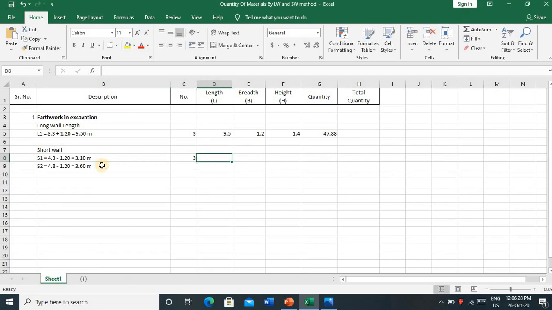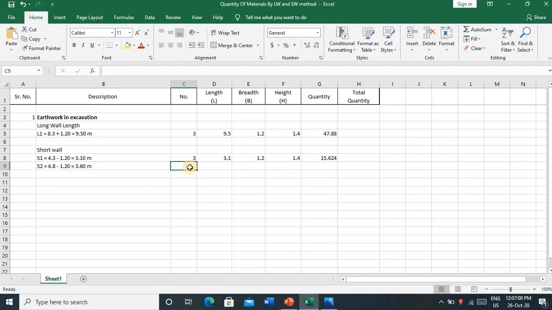Length will be, you have already calculated this length, 3.10. Again breadth will be 1.20. Height will be same because the excavation will be throughout the same for long wall and short wall also. So the height is 1.40. Now if we calculate this, 3 multiplied by 3.1 multiplied by 1.2 multiplied by 1.4, the total quantity comes as 15.624.